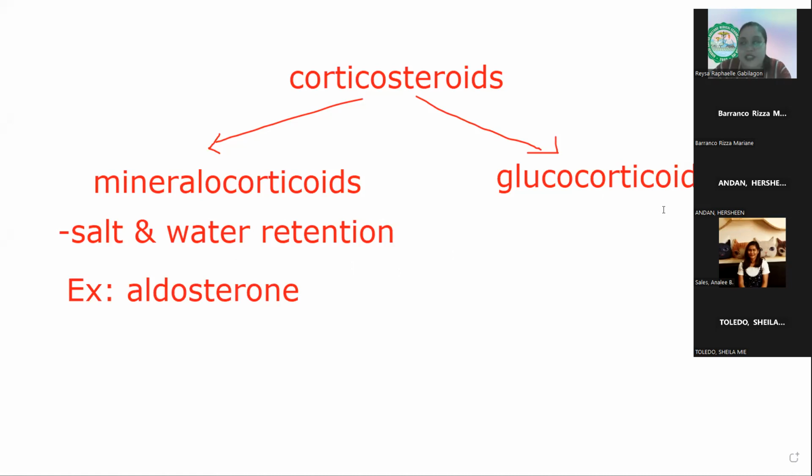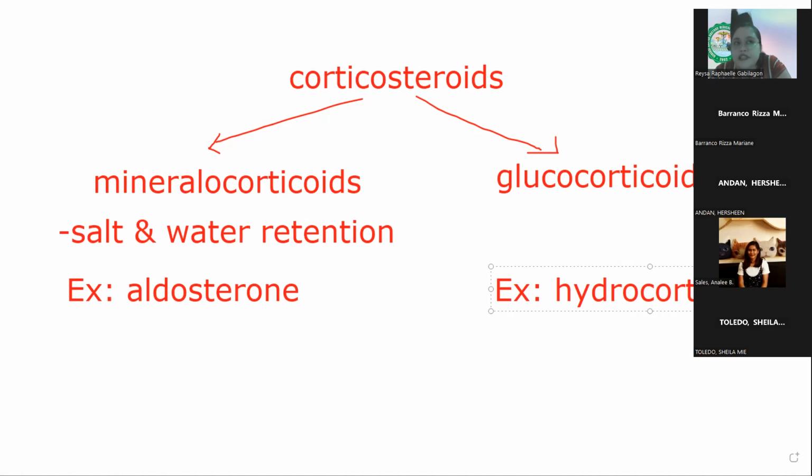Now, yung marami sa market is yung glucocorticoids. It's not just in the market but also in our body. So example here, our hydrocortisone. Okay, so kasama niyan yung mga prednisone, prednisolone. Nandyan siya sa body natin, but yes, we do have drugs na like this in the market. So ito yung may action sa different cells in the body, most especially metabolism, like glucose metabolism, that is why it is called glucocorticoids.